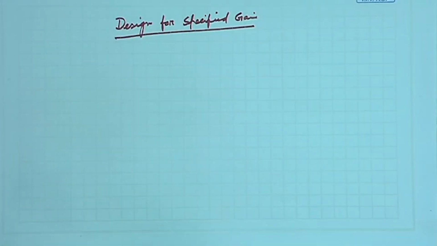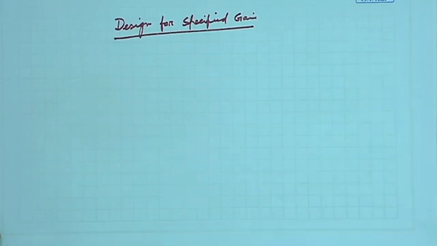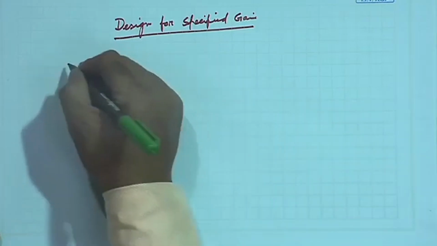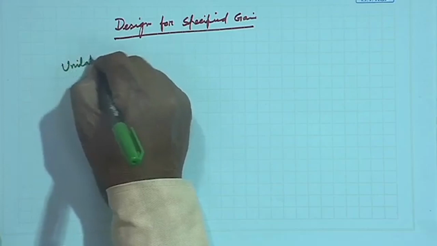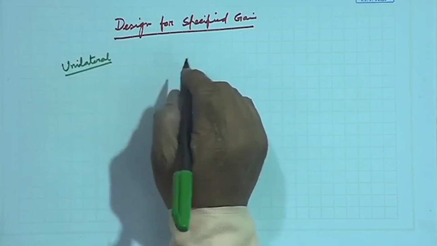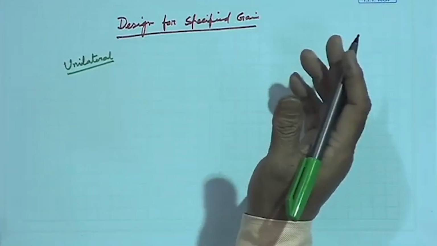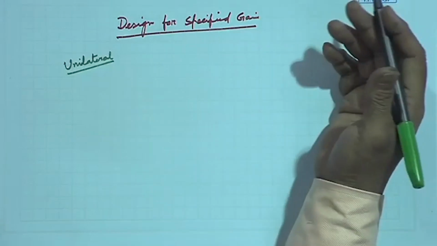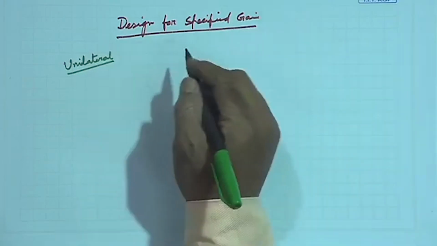So let us have a procedure for this. Now we are becoming more practical, and we have seen how to do bilateral design. Here we make a unilateral approximation, since generally all practical transistors that we will be using are nearly unilateral. If you cannot make this unilateral assumption, you know how to design that too.